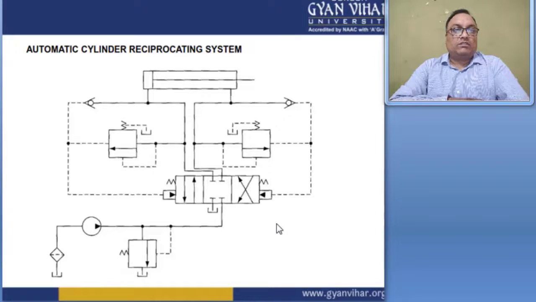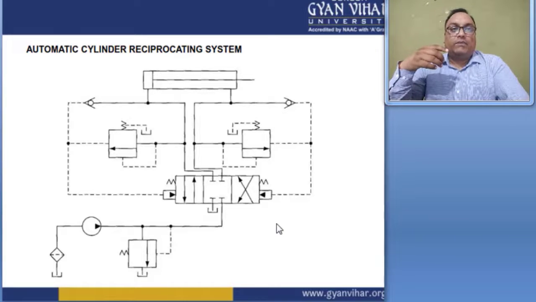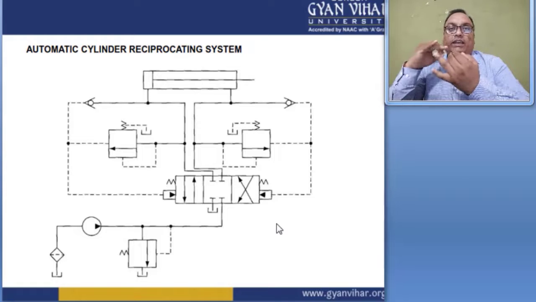So this is the operation of this reciprocating system, and the applications of this automatic cylinder reciprocating system are the shaper operation, planer operation, and slotter mechanism.